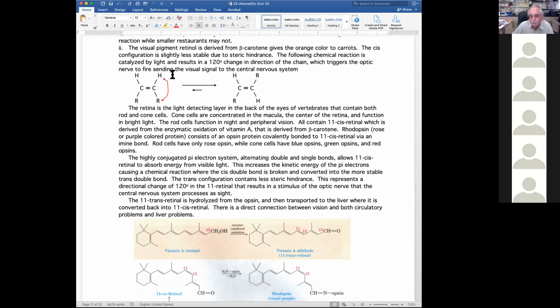So what happens is that light energy is used to break that cis bond. It forms back into the trans, and that causes a 120-degree change in the bond angle. So light energy is able to do a physical change, and that physical change is basically what activates the optic nerve.